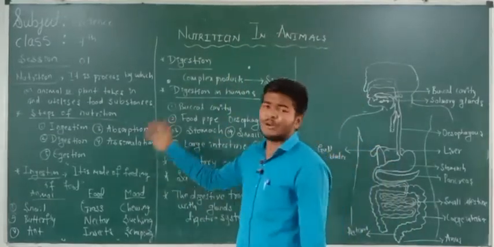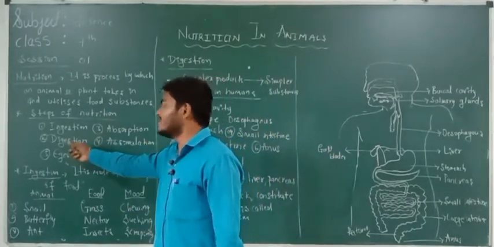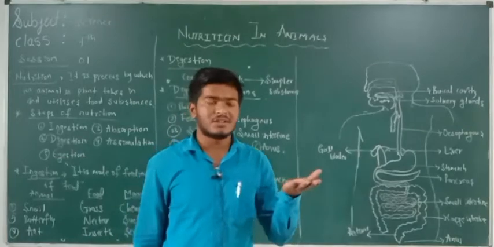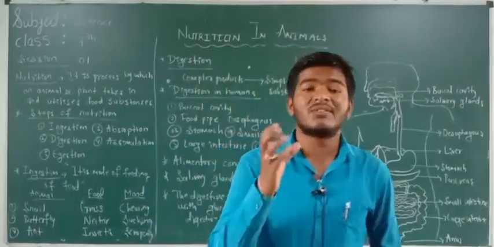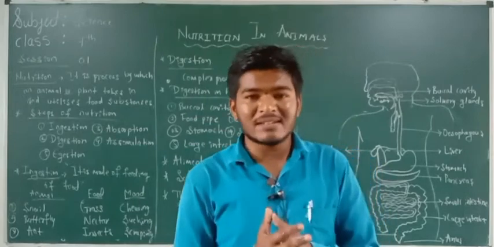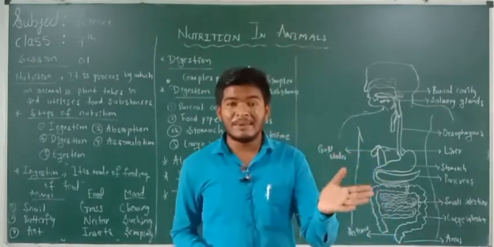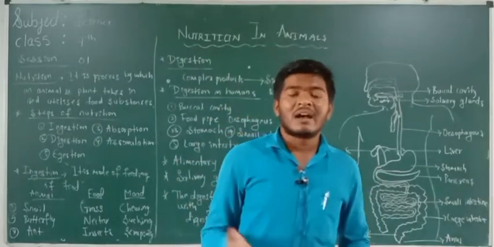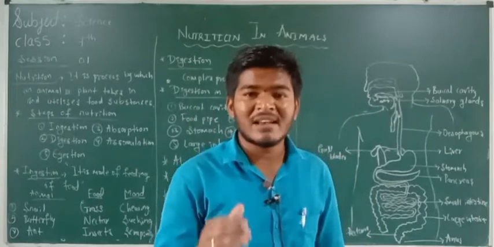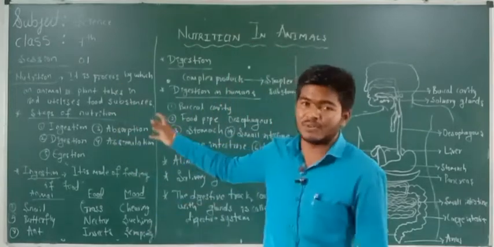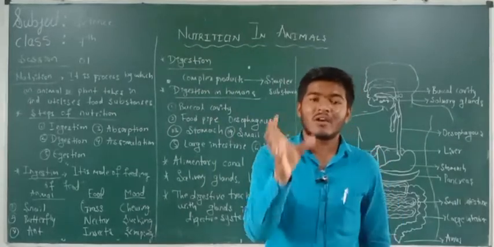Next we move to the second step of nutrition, that is digestion. What is digestion? As you know already, plants produce food particles. These contain carbohydrates, proteins, lipids, and also starch. These food materials are very complex.